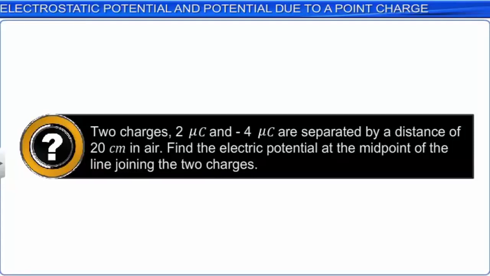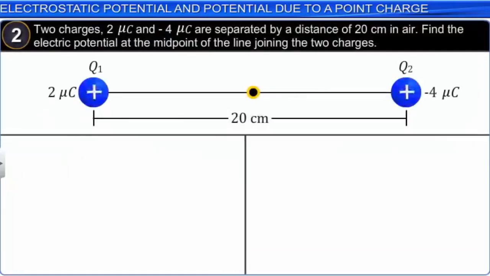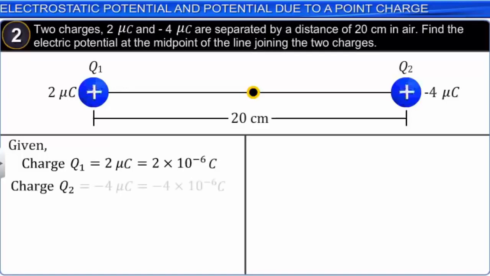Given charge Q1 is equal to 2 microcoulomb equal to 2 into 10 raised to the power minus 6 coulomb. Charge Q2 is equal to minus 4 microcoulomb equal to minus 4 into 10 raised to the power minus 6 coulomb. The distance of the midpoint from Q1 as well as Q2 is equal to r is equal to 10 centimeter is equal to 0.1 meter.